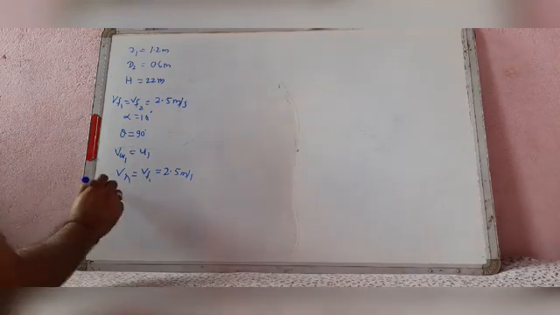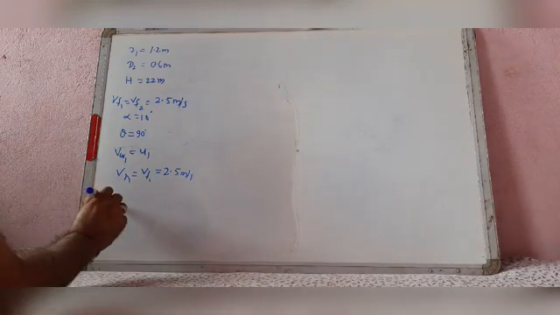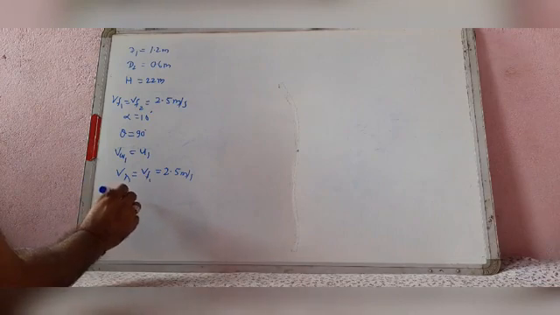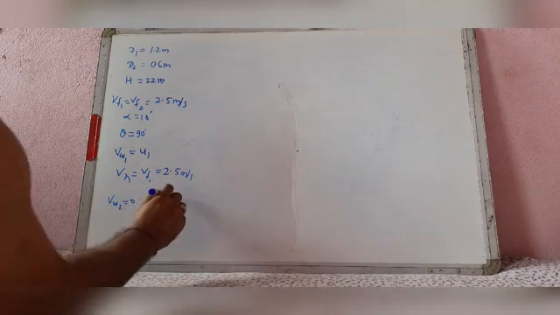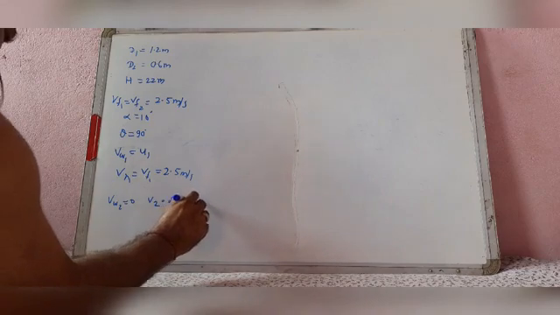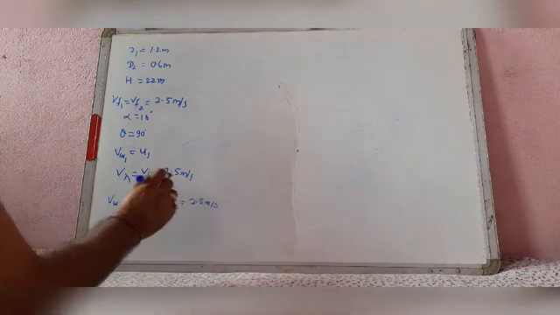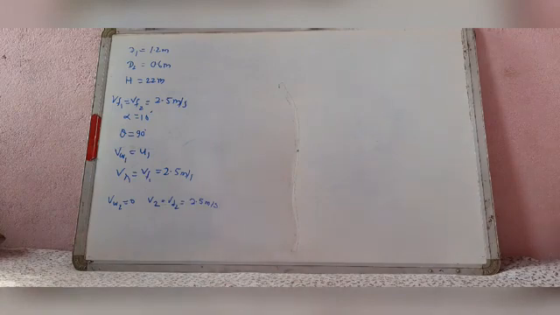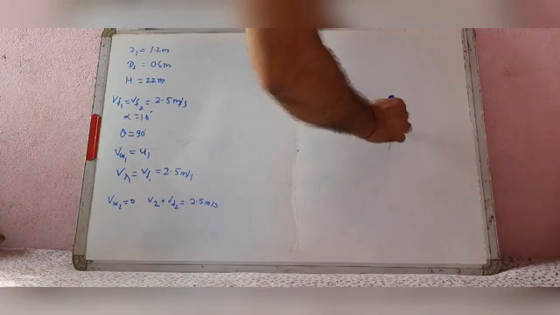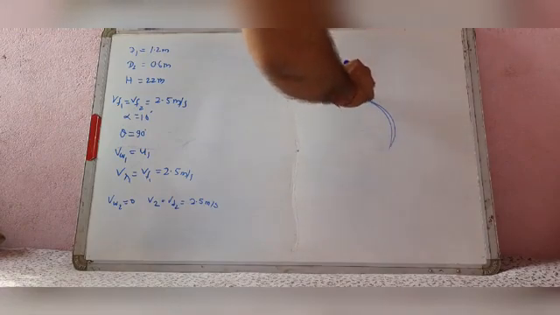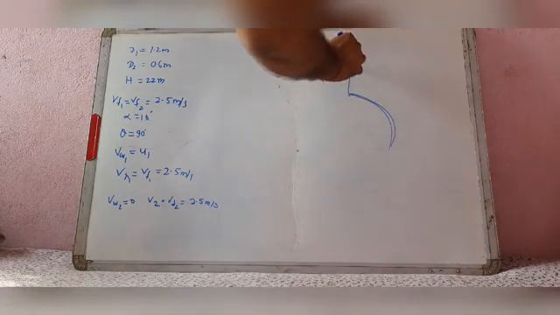Discharge is radial, so VW2 equal to 0, V2 equal to Vf2 equal to 2.5 meter per second. You have to draw the velocity triangles here, inlet and outlet velocity triangles, both are radial.